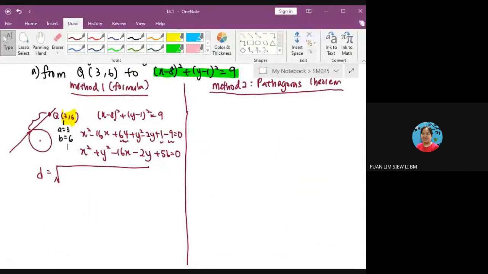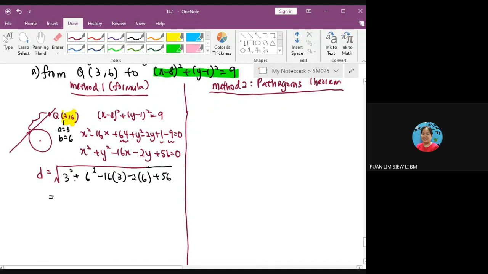So square root of A squared, substituting the x coordinate, plus the y coordinate 6 squared, minus 16 times 3, minus 2 times 6, plus 56, square root.